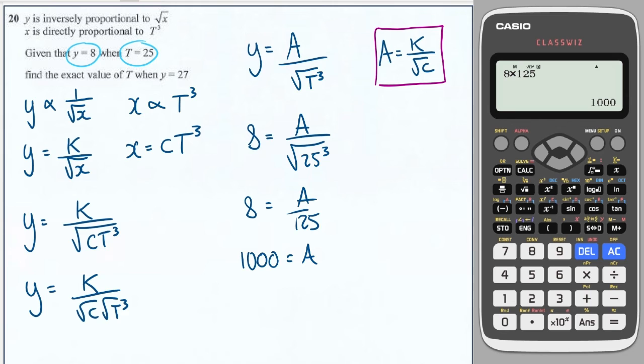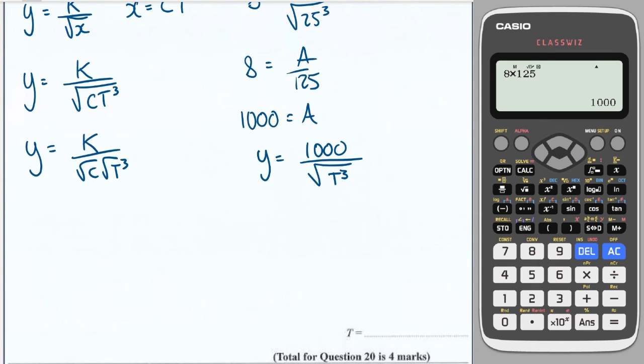Okay, so that means that my formula is y is equal to 1,000 over the square root of t cubed. And it's asking me to find the exact value of t when y is 27.